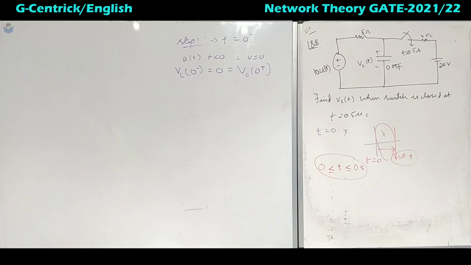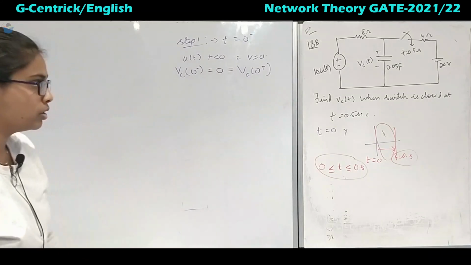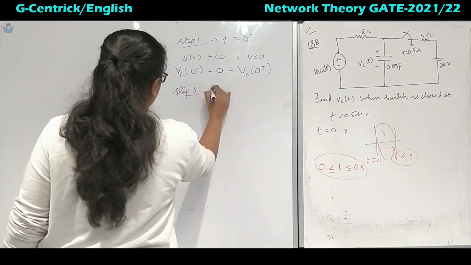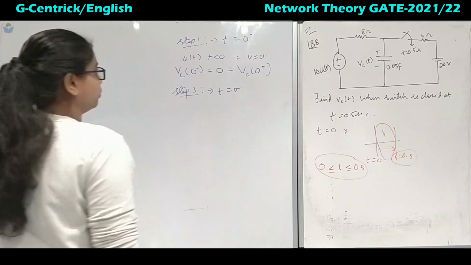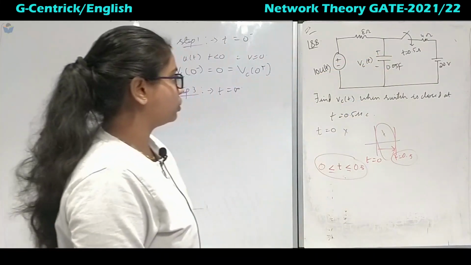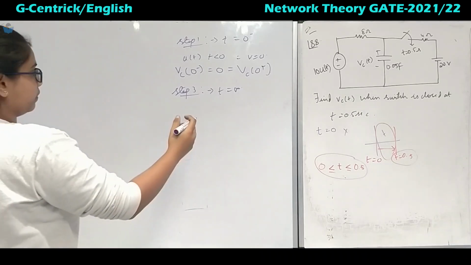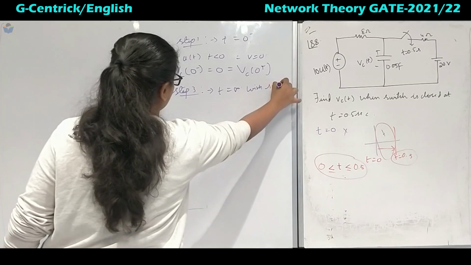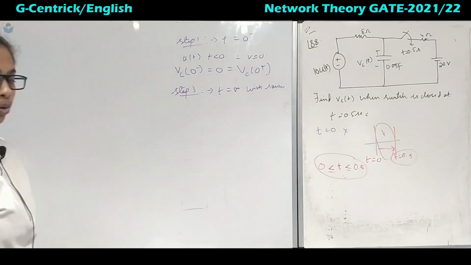Do we have to analyze step 2? Because we already got Vc of 0 plus, we will directly move to step 3. We will analyze it at t equal to infinite. When t is equal to infinite, the switch is closed, so it will be with the source. When it is with the source, the capacitor will be open.